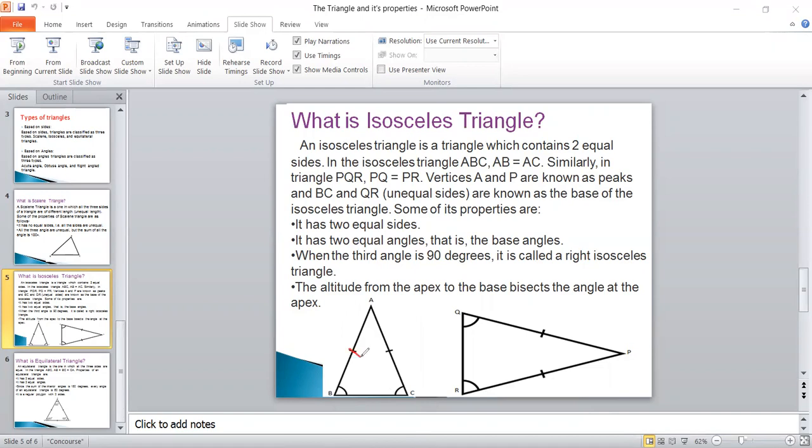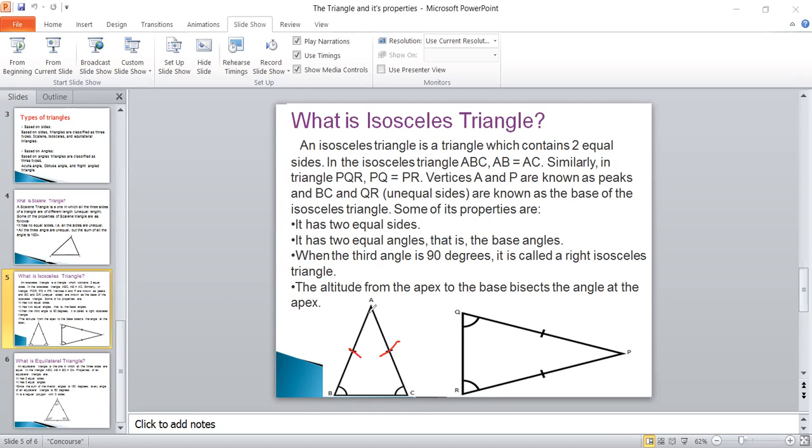As AB is equal to AC, we always have to see that the angles opposite to the equal sides will be equal. One thing we have to consider: if we take one side, then the opposite angle of that side will be considered.